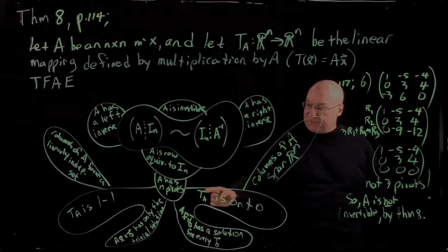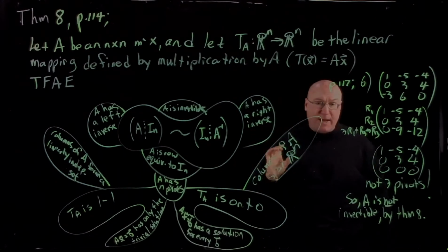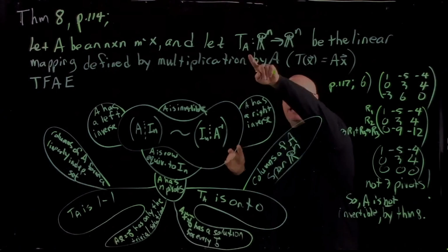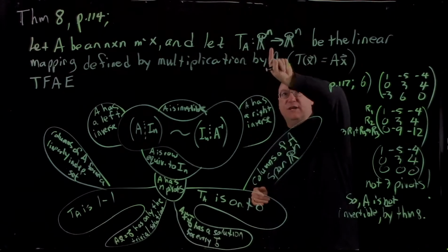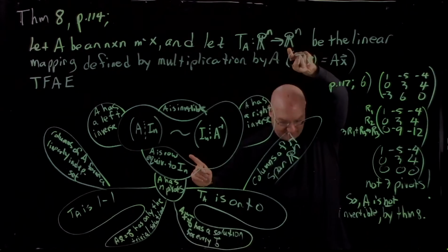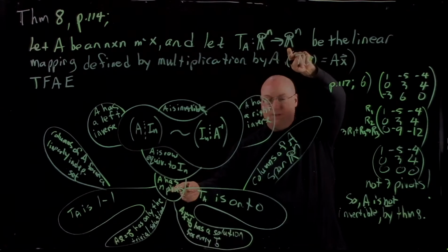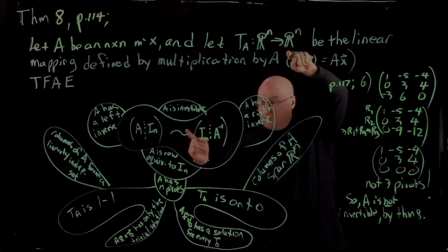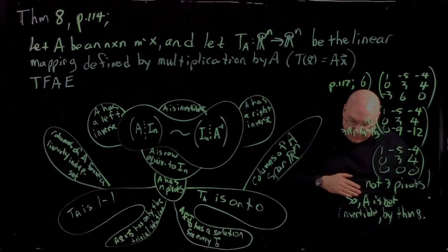So it is not automatically true that if x to Ax, which is what T sub A is, T of x is Ax, goes into Rn, that A has n pivot positions, right? Because it could go into but not be onto, and if it's not onto, this would be false. So part D is false. It isn't always a true statement.